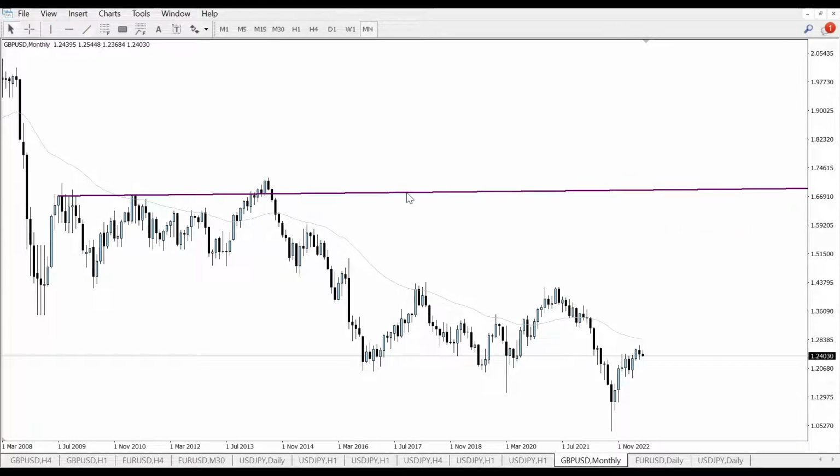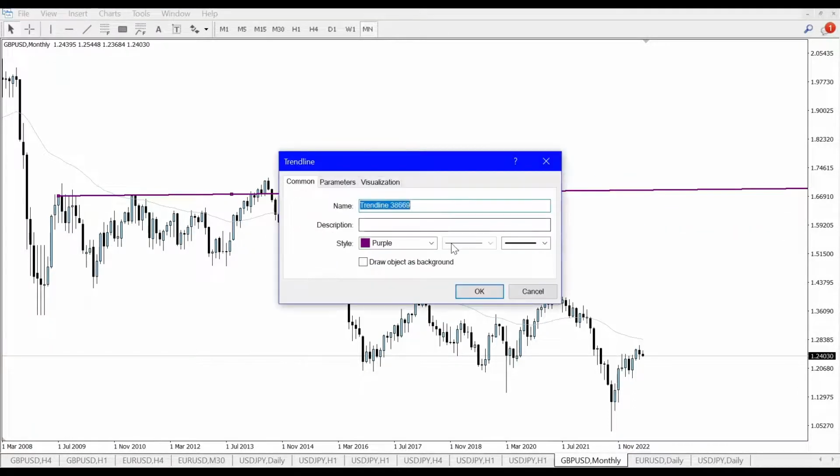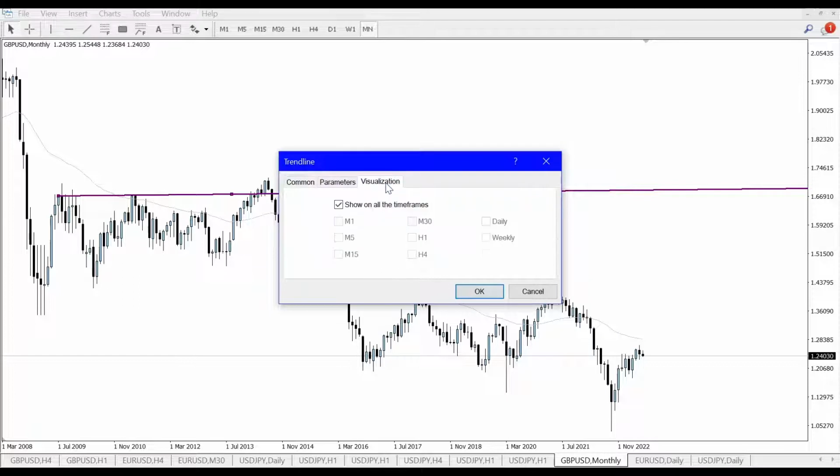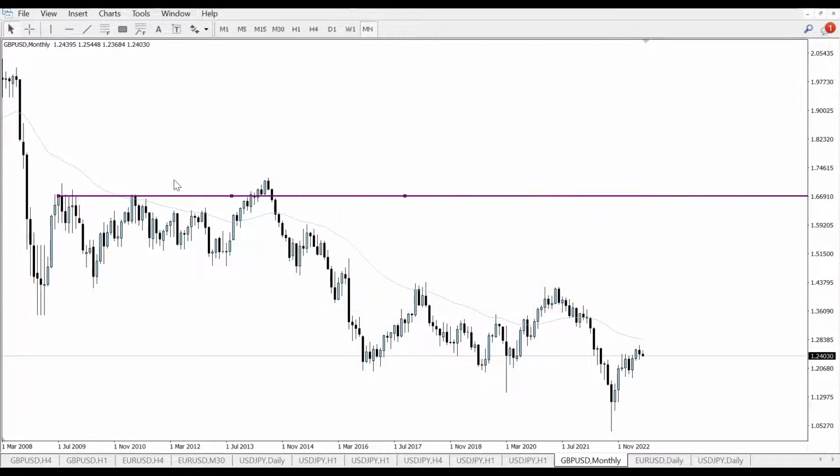So for bearish rejection blocks, I'm going to use the color purple, and I'm going to let it show only in the monthly chart. And now I'm straightening the trend line. All right, so pay attention as we identify the rejection blocks.